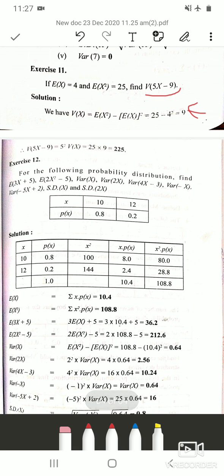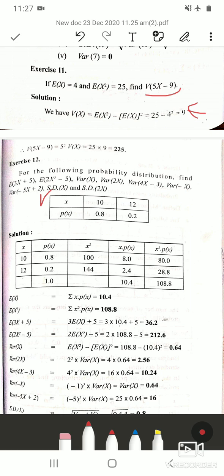So the 12th problem is, for the following probability distribution, find expectation of 3x plus 5, expectation of 2x square minus 5, variance of x, variance of 2x, variance of 4x minus 3, variance of minus x, variance of minus 5x plus 2, standard deviation of x, and standard deviation of 2x.